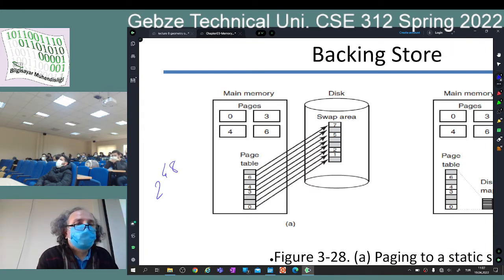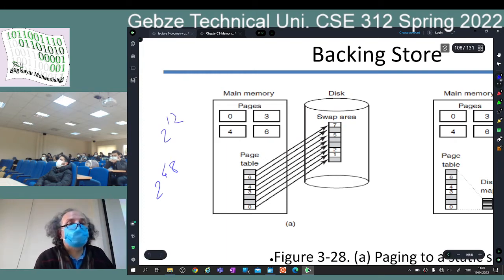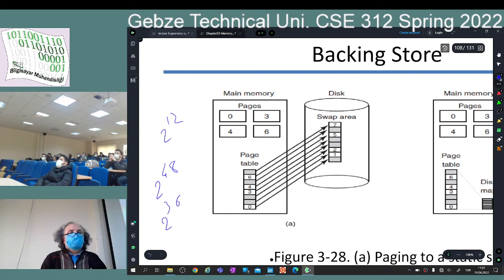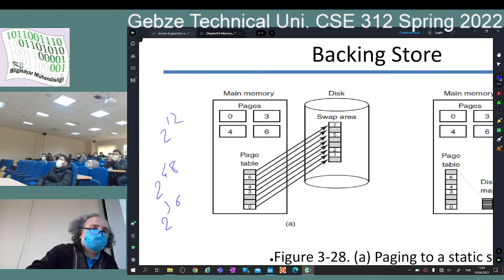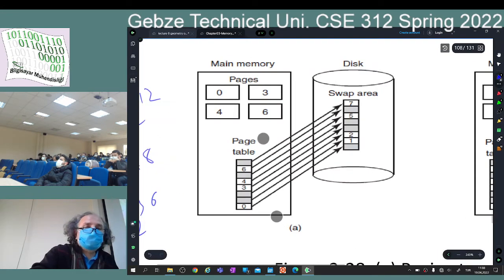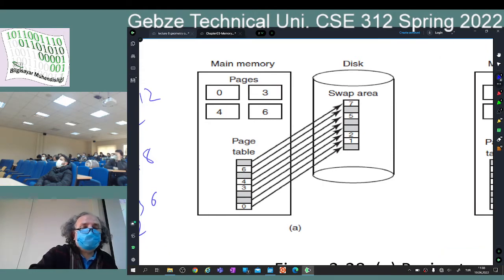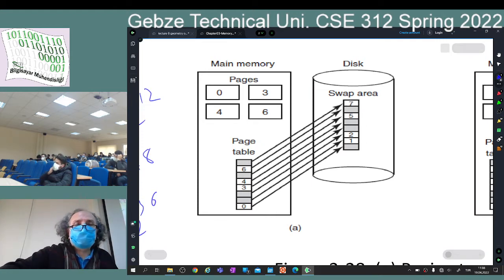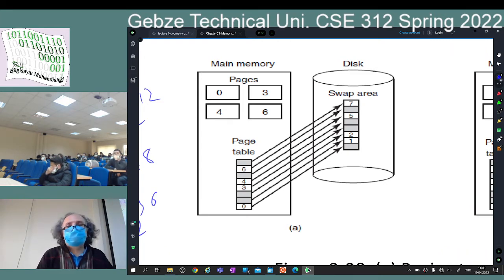If I have 2 to the 12, 4 kilobyte page sizes, then in my page table I will have 2 to the 36 entries, and most of those entries will be empty, I know. But if the entry is empty, then I just keep a pointer to my swap area on the disk. So this swap area is actually an exact copy of my virtual address space. It's a very, very large space, and most of the time, most of it is empty.